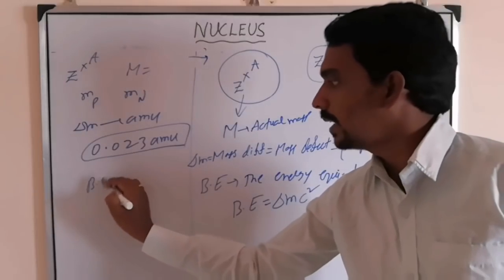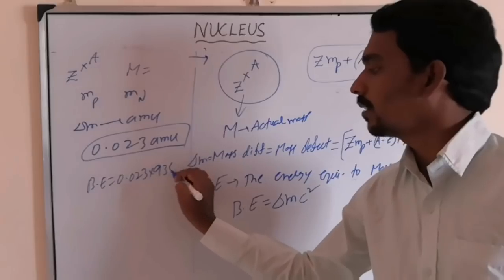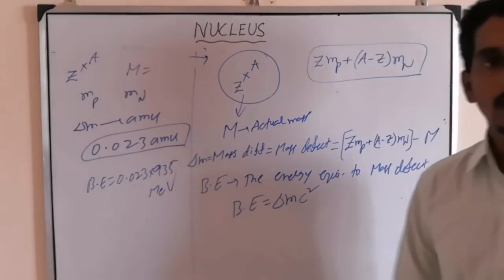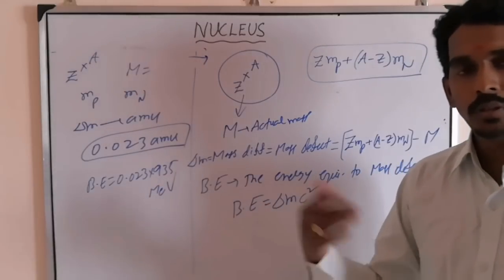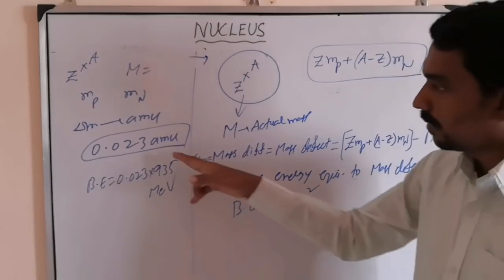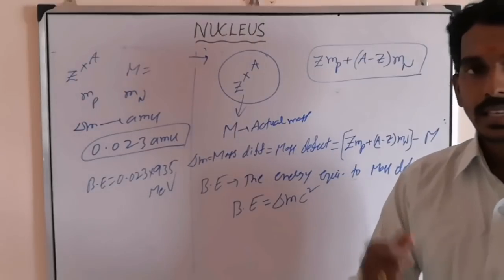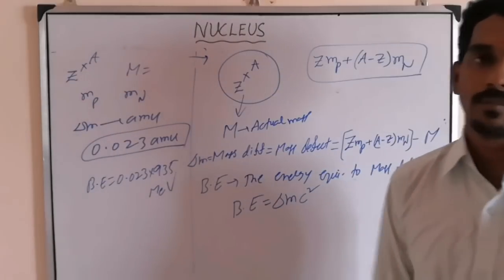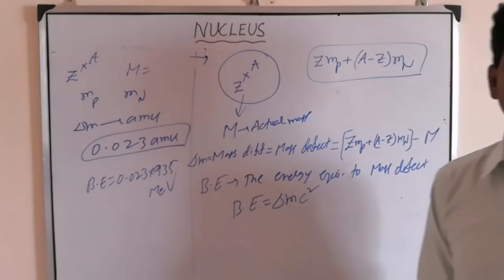So the equivalent binding energy will become 0.023 into 935 mega electron volt. Because every time substituting 3 into 10 power 8 whole square and calculating is difficult. That's why we have taken that value, the energy equivalent to 1 AMU. So what is the equivalent energy of 1 AMU?